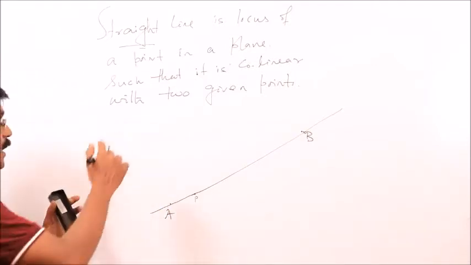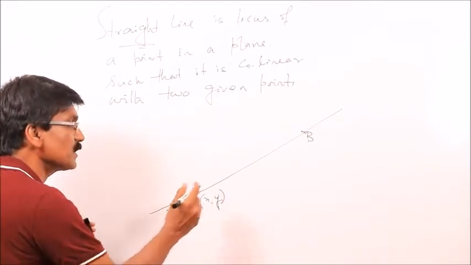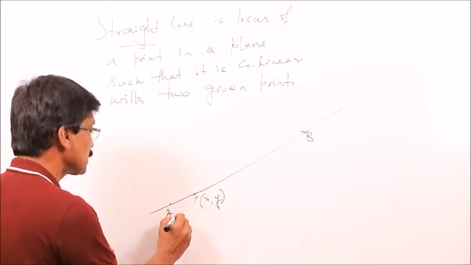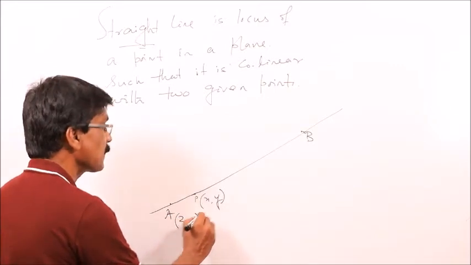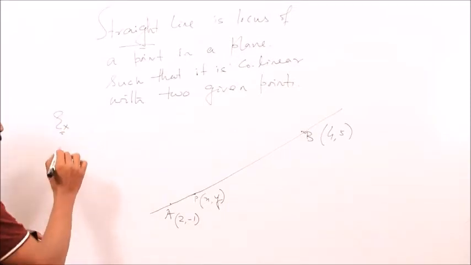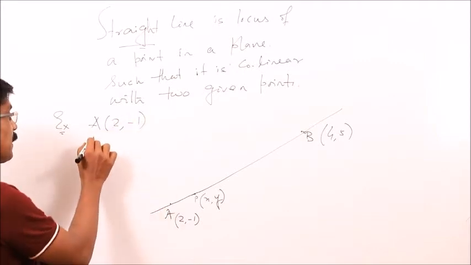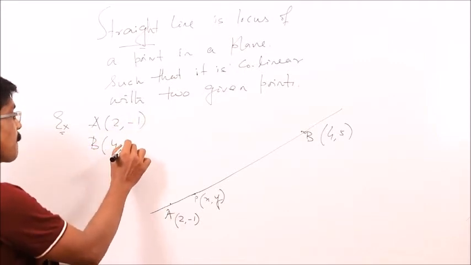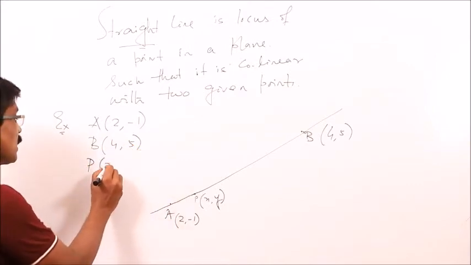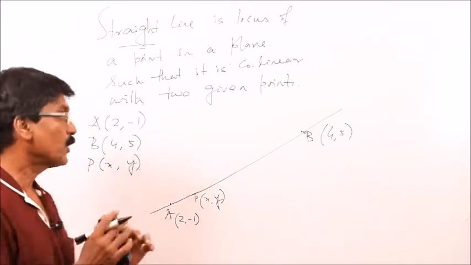Suppose this point P is a moving point having coordinates (x, y). We can take one example. Suppose point A is (2, -1) and point B is (4, 5), and let point P be (x, y). So A, P and B are collinear.